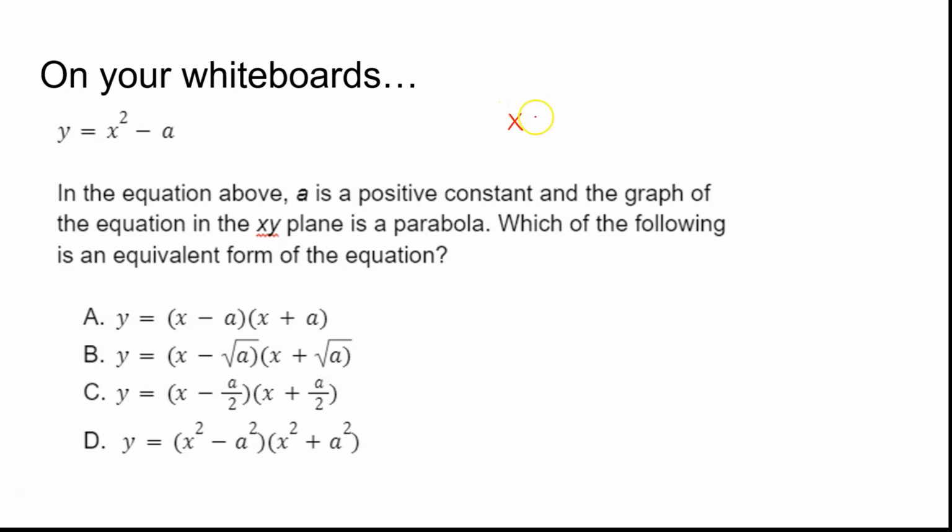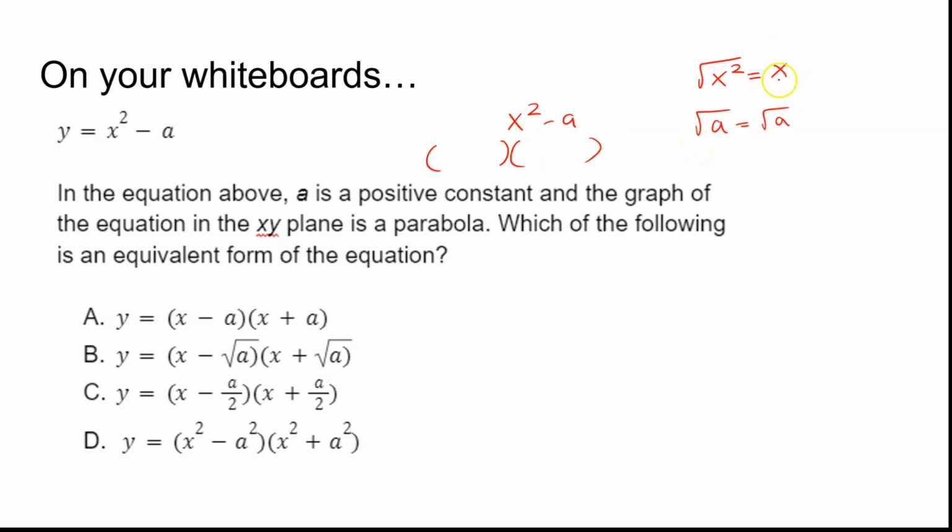If we assume that x squared minus a is a difference of perfect squares, my first step is to take the square root of x squared and the square root of a. Now, I don't know exactly what a is, but I can just write it as the square root of a. Okay? And I'm going to fill in my 2 binomial factors with whatever that is.